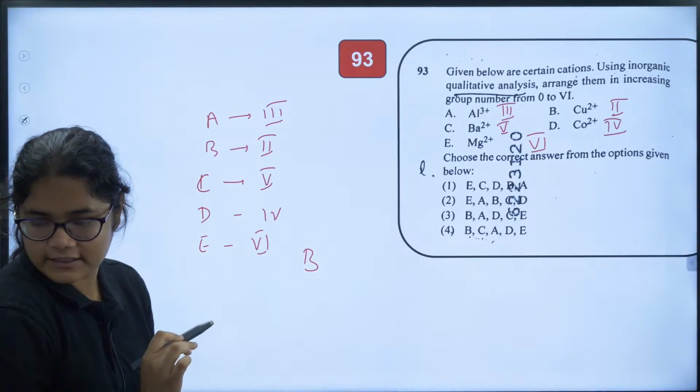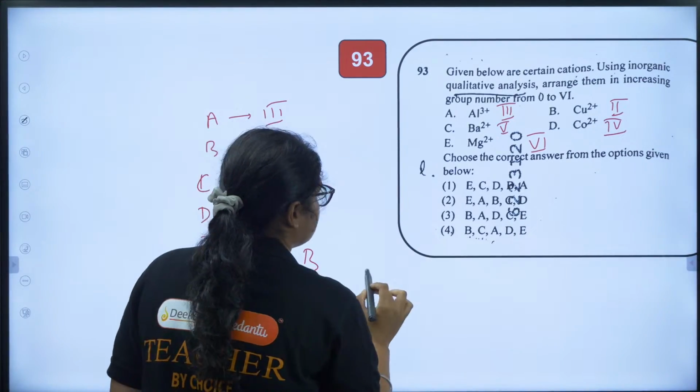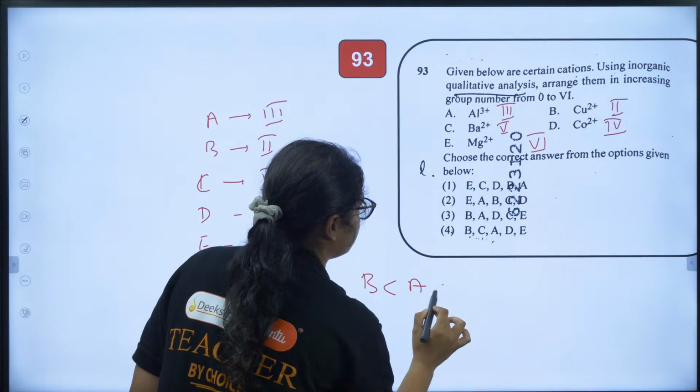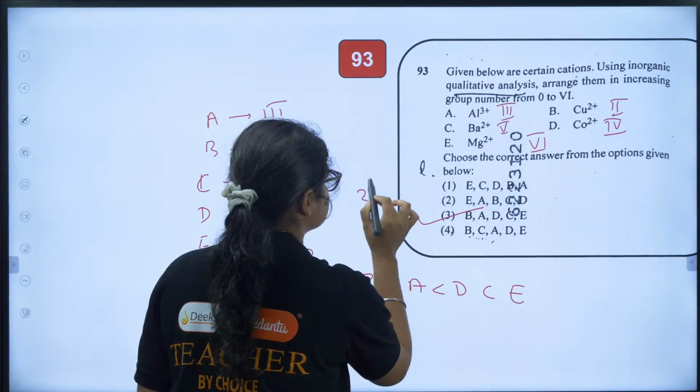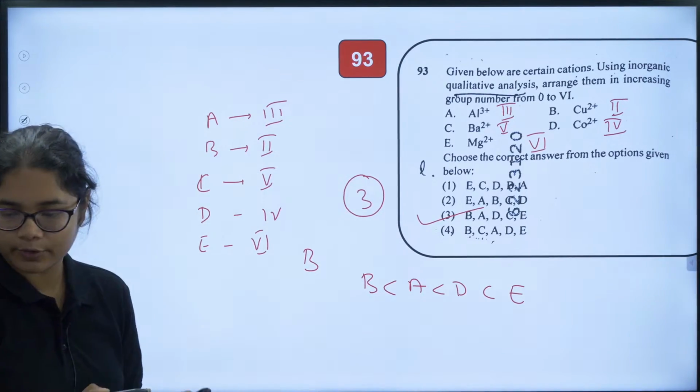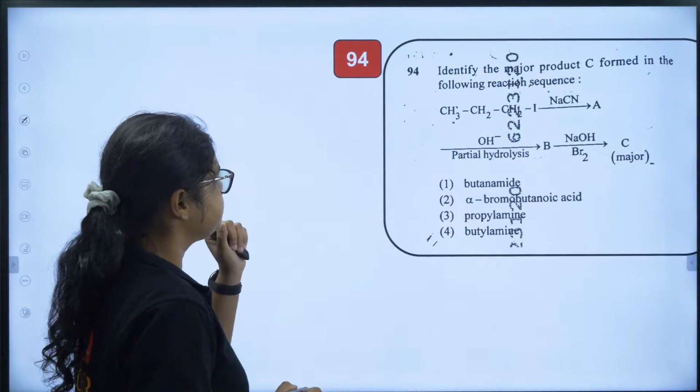So if you arrange them, we will get B, A, D, and C, and then E. Okay, so the correct answer for this question is option number 3. Okay, now let us see the next question.